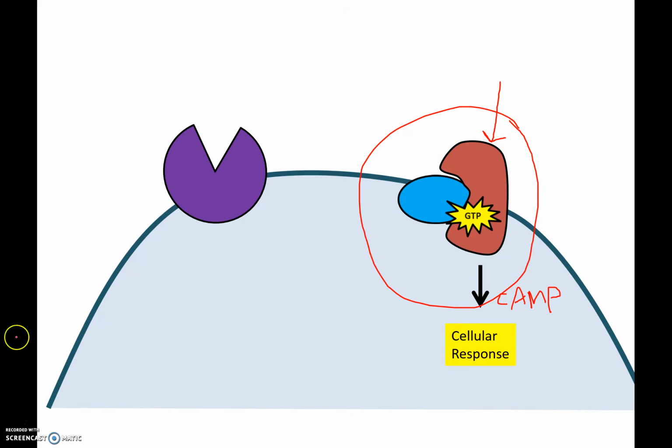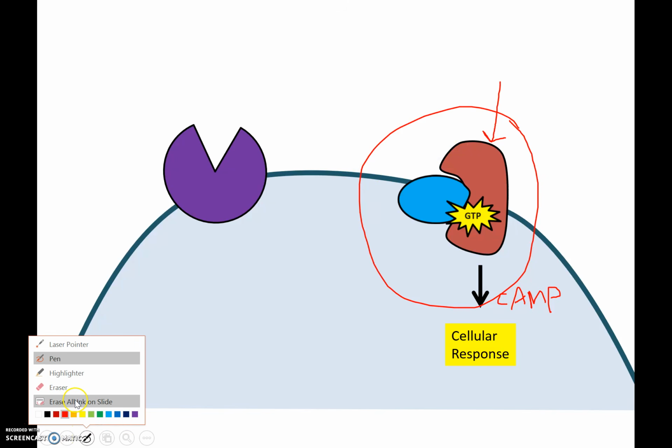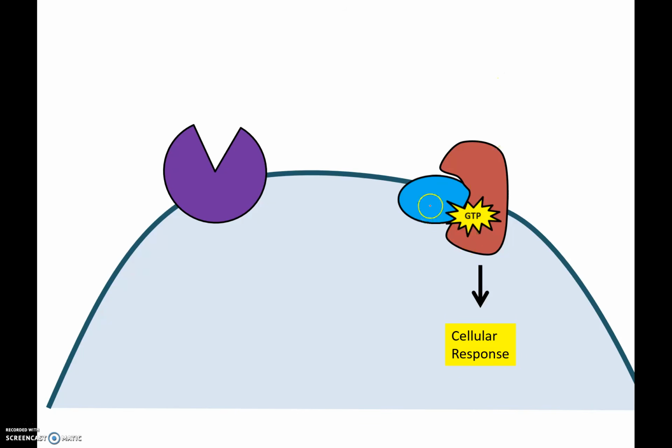So, lucky for us, once the enzyme has become activated, this G protein right here actually acts as a GTPase, and it's going to hydrolyze its GTP and break it back down into GDP and a phosphate, putting it back into its inactive form.